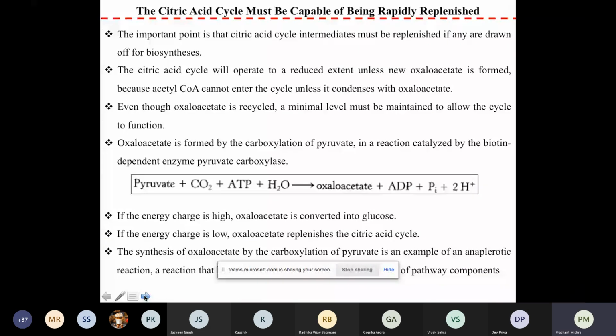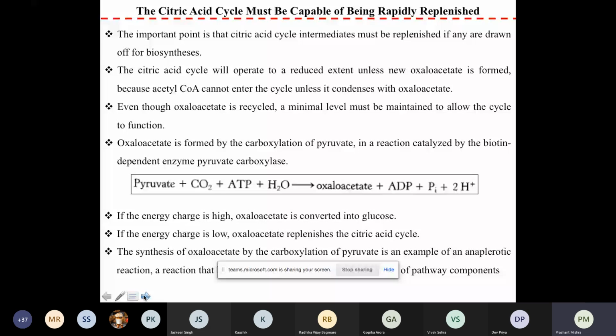Now, one more thing which is notable in the TCA cycle is that if some of the intermediates are removed for biosynthetic purposes, and we have also discussed in the previous class that some of the intermediates can go for biosynthetic reactions, then the TCA cycle operation will stop.